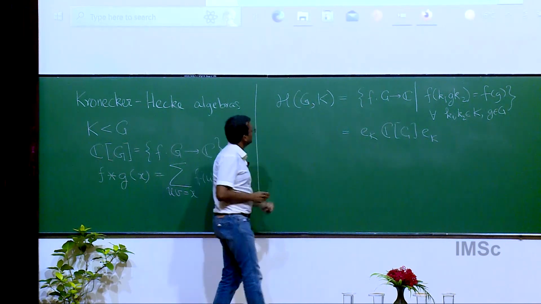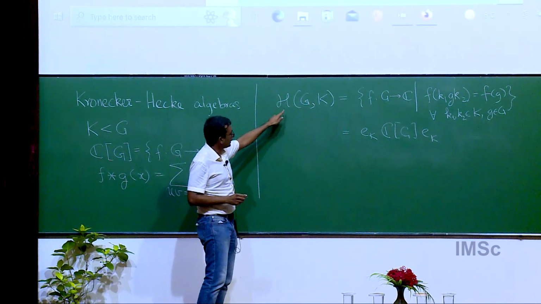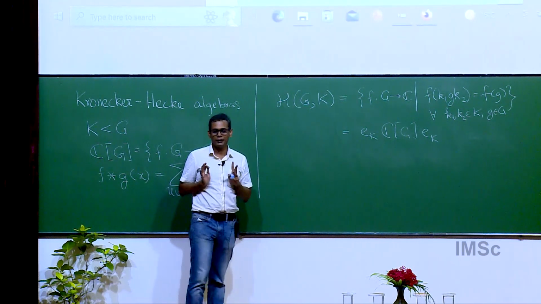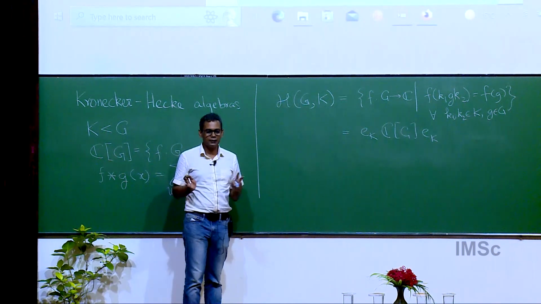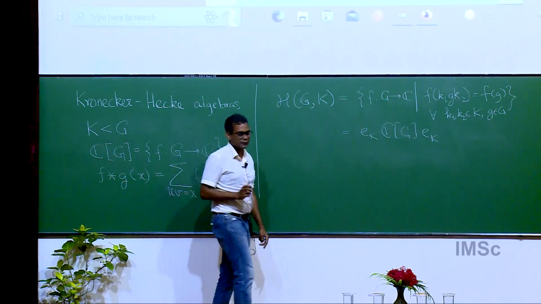And what this Hecke algebra captures is a part of the representation theory of the group G, the part of the representation theory which admits K invariants.